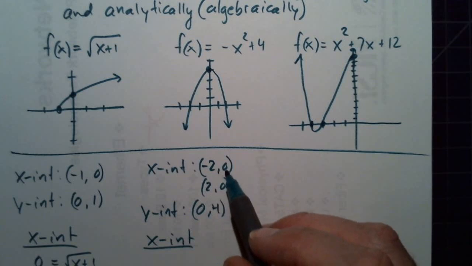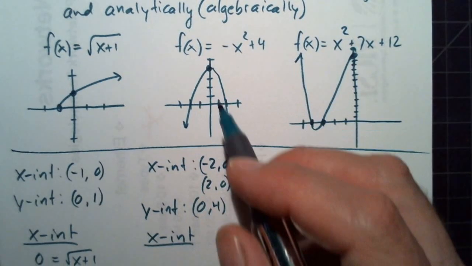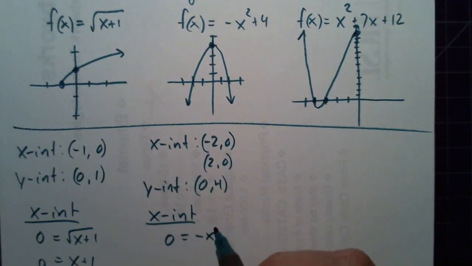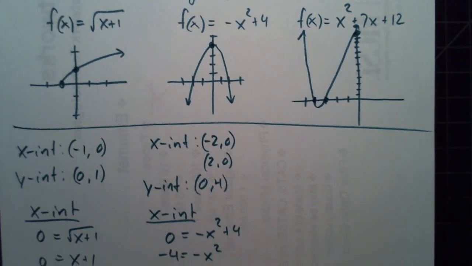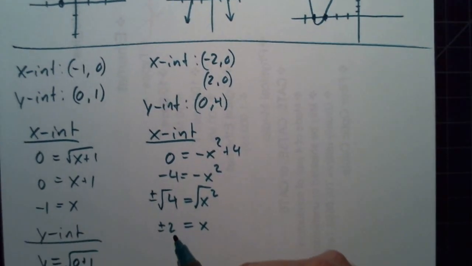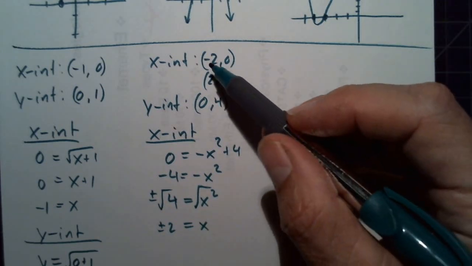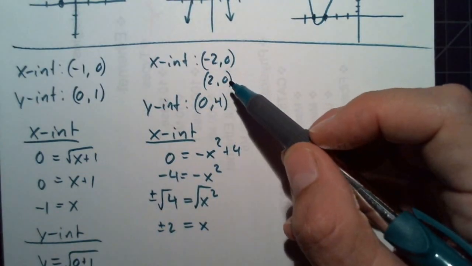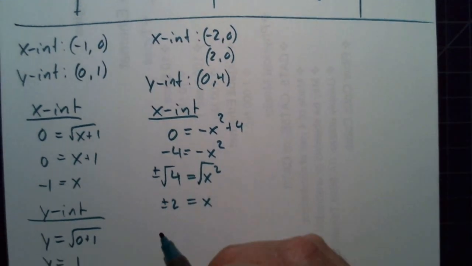The x-intercept has a y value of 0, so we're going to put a 0 there. And we're going to square root both sides. So now we get positive or negative 2. And that matches what we have here, positive or negative 2 with a y value of 0 for the x-intercepts.